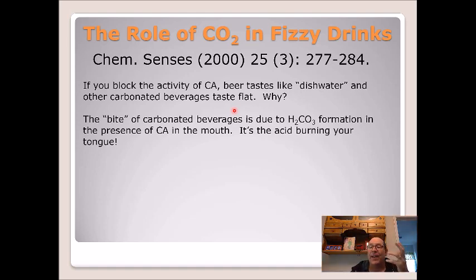It's due to the fact that in your mouth, carbon dioxide reacts with water in the presence of carbonic anhydrase to lead to the formation of carbonic acid. And so it's the carbonic acid in your mouth that's actually burning your mouth and your tongue, and that's what leads to this bite and the fizziness that you have in drinks. So it's the amount of CO2 that's in the drink that leads to more formation of this carbonic acid.